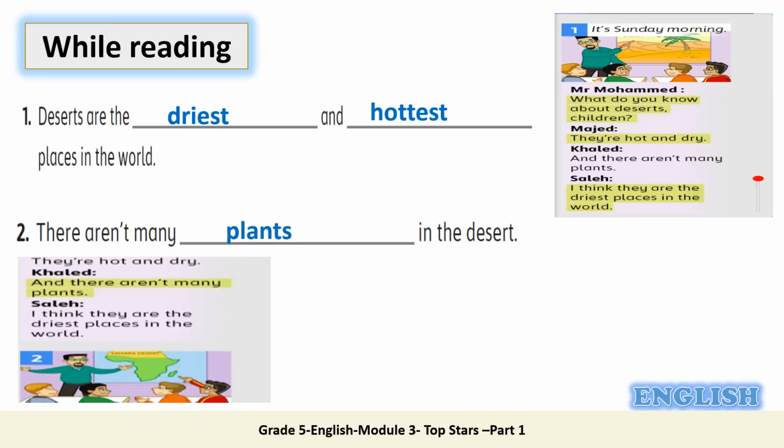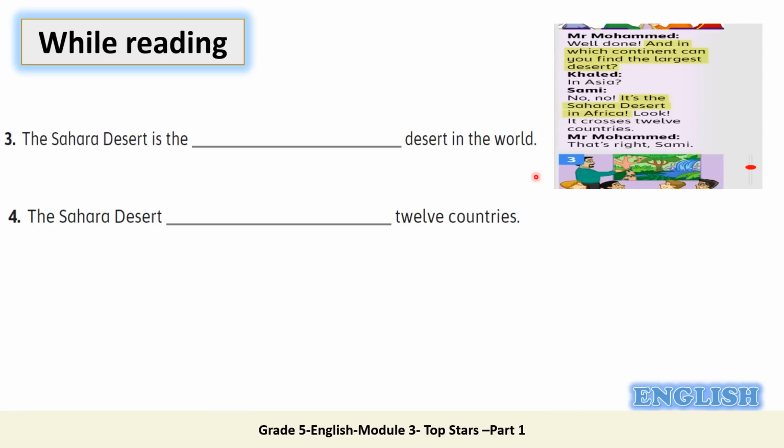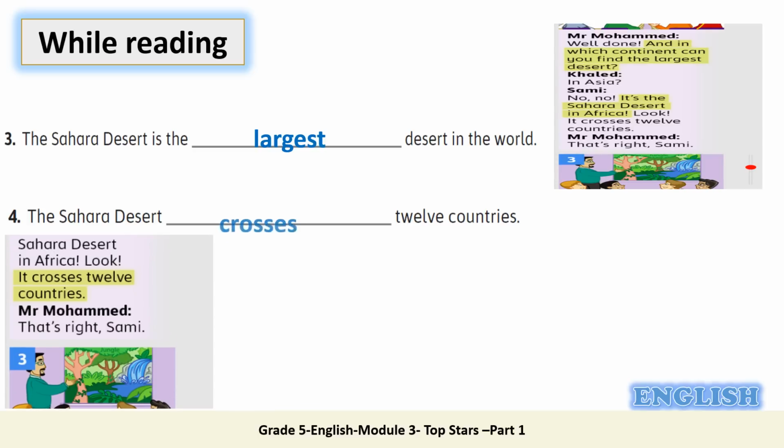Number 3. The Sahara Desert is the largest desert in the world. Number 4. The Sahara Desert crosses 12 countries.